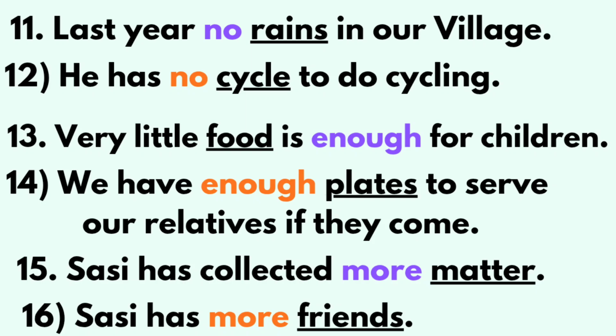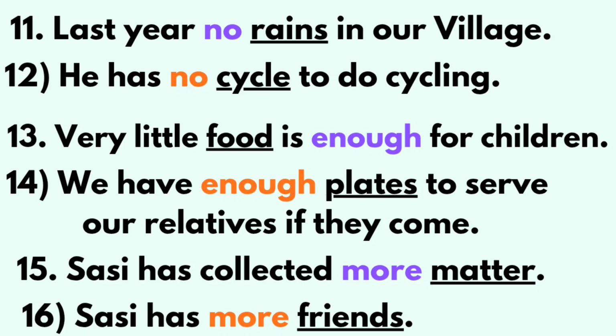You cannot say two rains, three rains, right? How much rain? No rain. He has no cycle to do cycling. Here, cycle means singular countable. He has no cycle, or you can say he has no cycles to do cycling. Here, no is a quantifier and cycle is a countable noun.